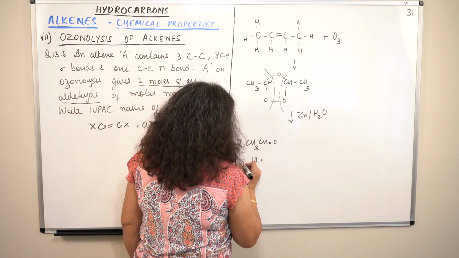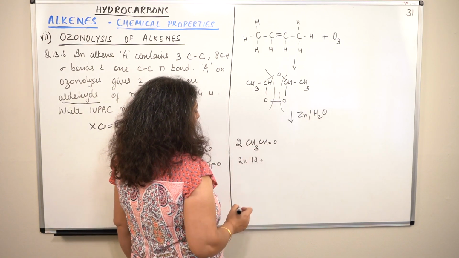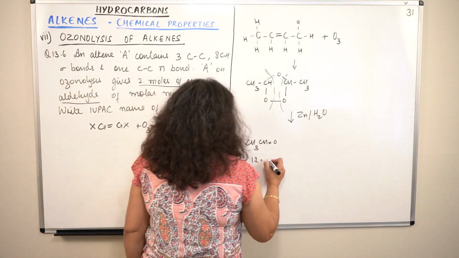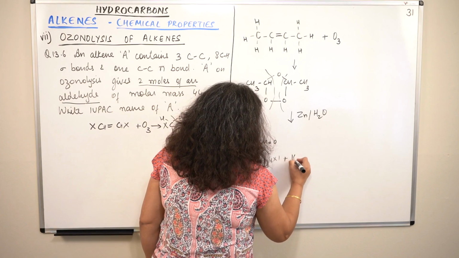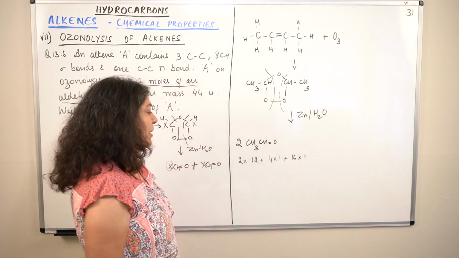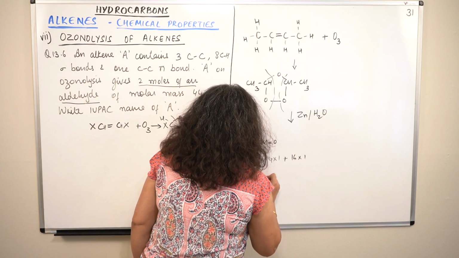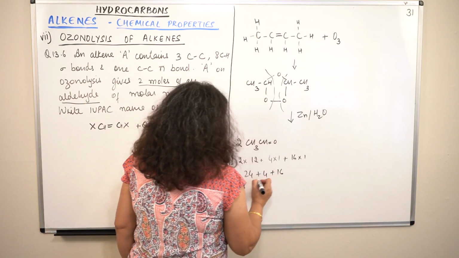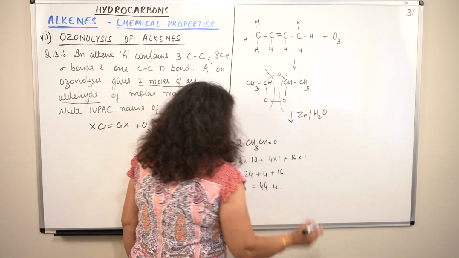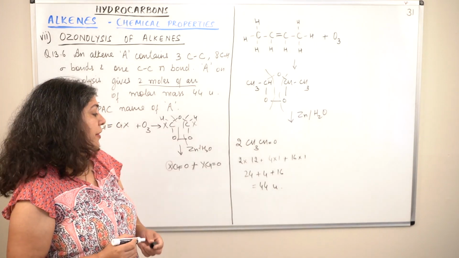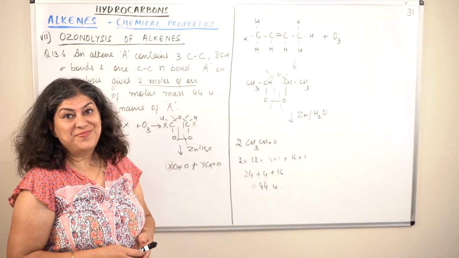So 2 into 12, there are 2 carbons here, plus 4 hydrogens, 4 into 1, plus 16 into 1, because there is 1 oxygen. So 12 twos are 24, plus 4 plus 16, 20, plus 24 will be 44. 44 u, or atomic mass units, which is also right according to this.